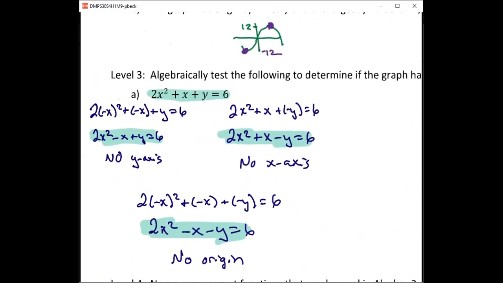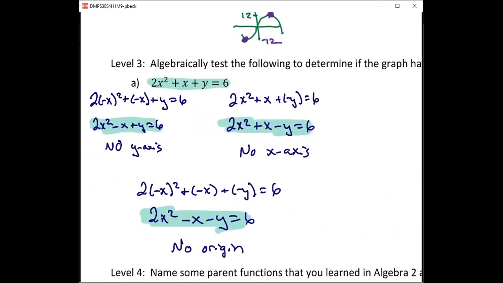So right here, if you look at 3a, for the y-axis symmetry, I wanted to determine the y-axis symmetry, which is why I plugged in -x for x. And when I simplified, I end up with this equation, which is not the same. And why is it not the same? It's because of that minus sign right there. So no y-axis symmetry.